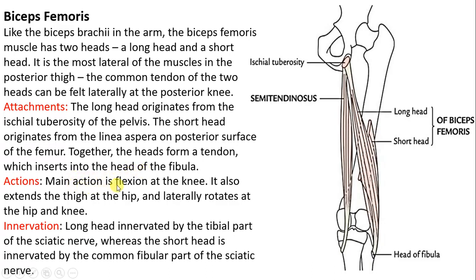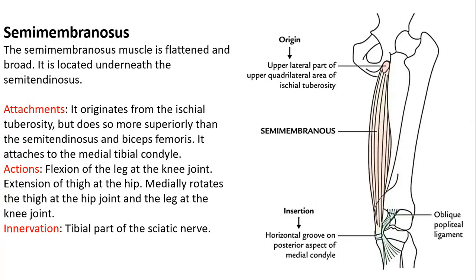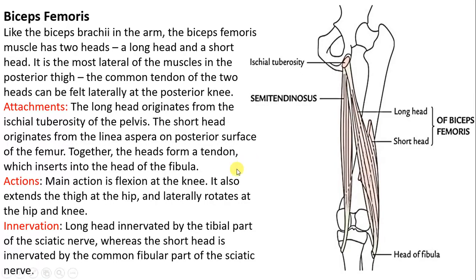The action is the same. It also extends the thigh and laterally rotates at the hip and knee. Innervation: the long head is innervated by the tibial part, while the short head is innervated by the common peroneal part. This muscle will not be called a hybrid muscle because the nerve is the same one, the sciatic nerve.